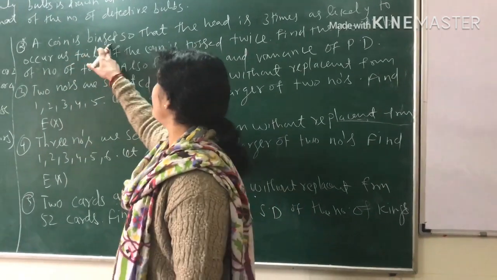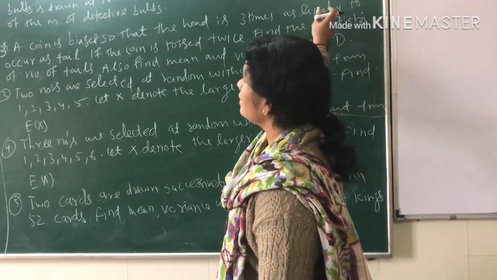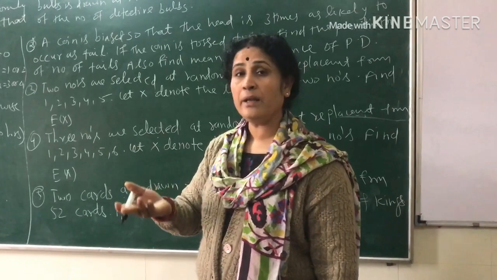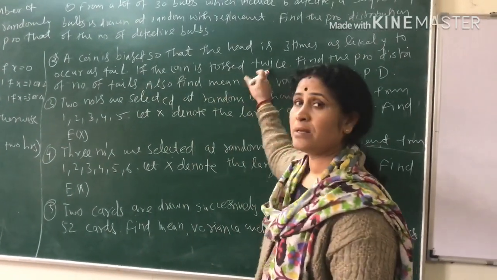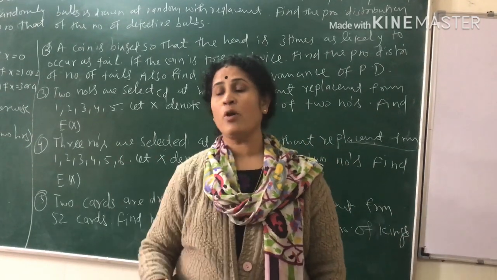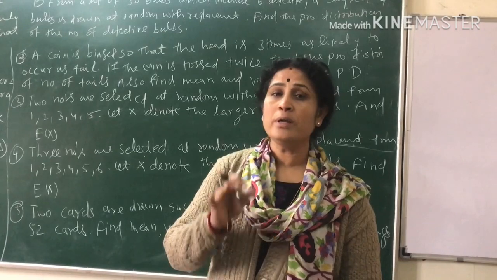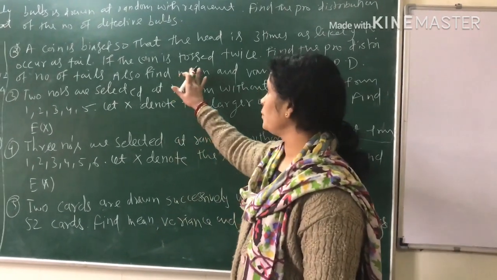So coin is biased so that the head is 3 times as likely to occur as a tail, means 3 times we are getting head and 1 time we are getting tail. If the coin is tossed twice, then we will get outcome as 4. Out of 4 we are getting 3 times head, 1 time tail. Okay, fine. Are you clear up to this?